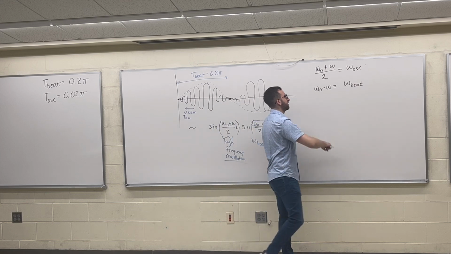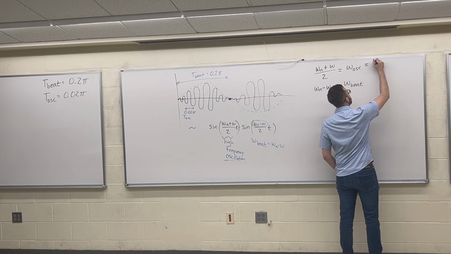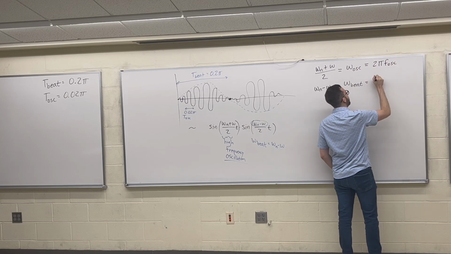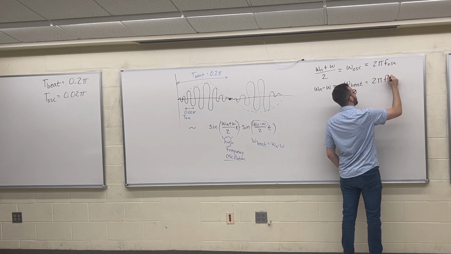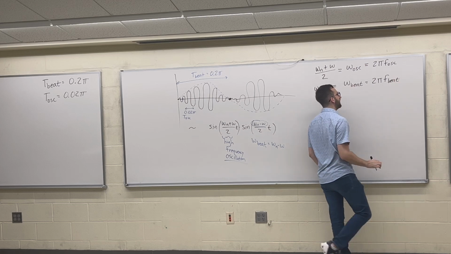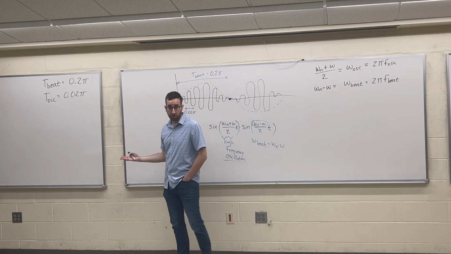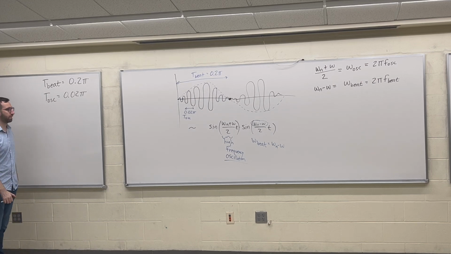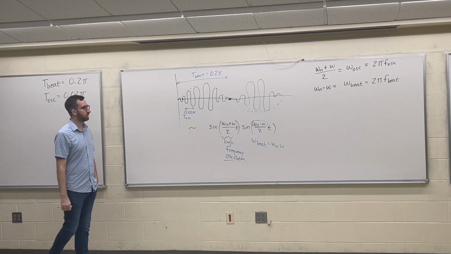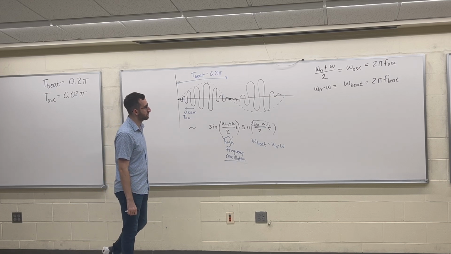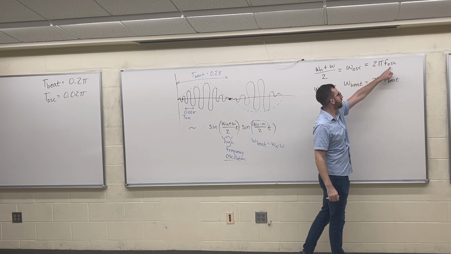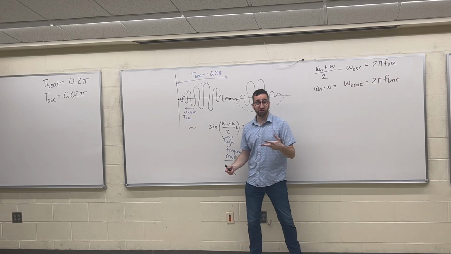So omega oscillation is the same as 2 pi f oscillation, and omega beat is the same as 2 pi f beat. Omega is 2 pi f, that's the definition. From the problem, we can find what the two f's are because we're given the period.